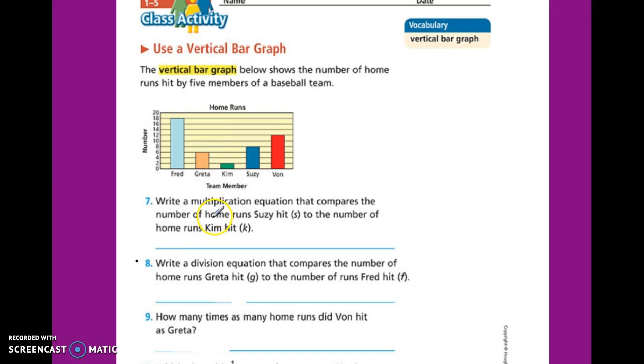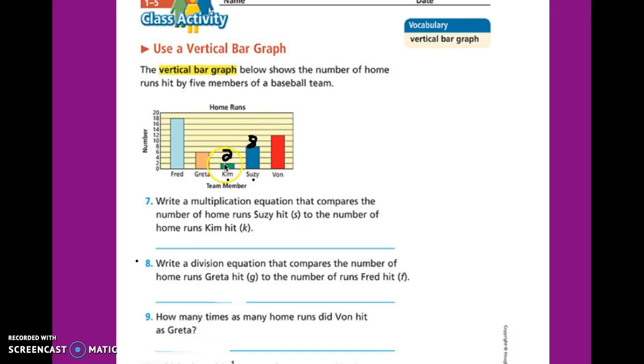All right, it says, write a multiplication equation that compares the number of home runs that Susie hit to the number of home runs Kim hit. So we're going to compare Susie to Kim. So I go ahead and look at this chart, and I look over, and Susie hit 8 home runs. All right, maybe I'll put it above it because it's a little hard to read. And Kim hit 2 home runs. So next I think, okay, how many times does Kim go into Susie?